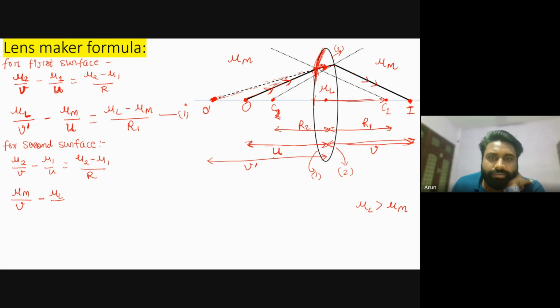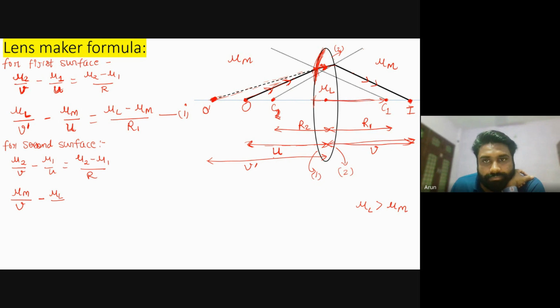You only tell me what is the object for the second surface. Is it O or O dash? Tell me, everyone. I'm asking every one of you. Please respond now. Then it is going to be a very interactive session if you respond.